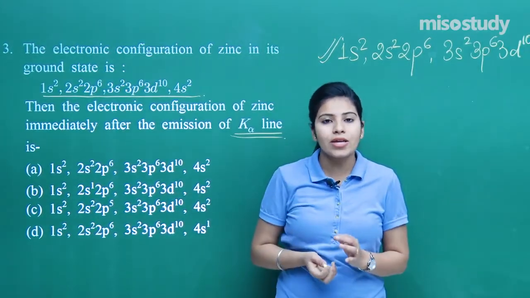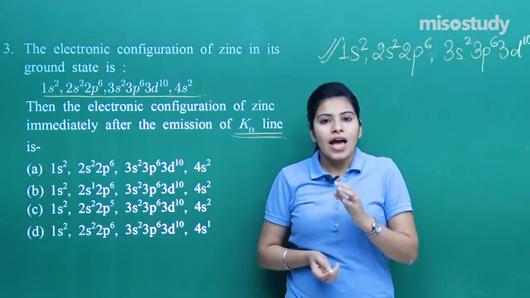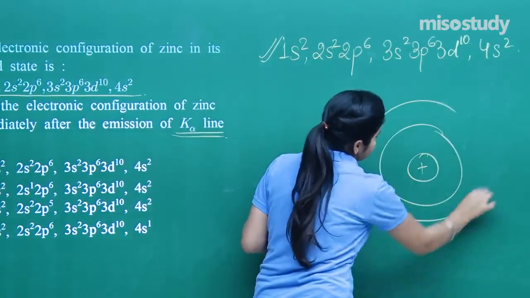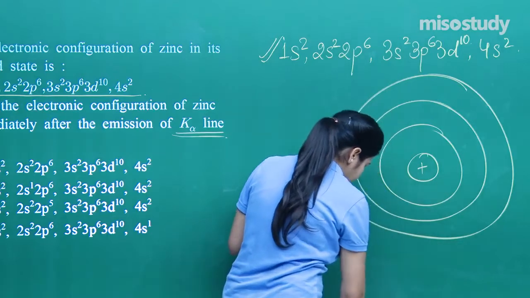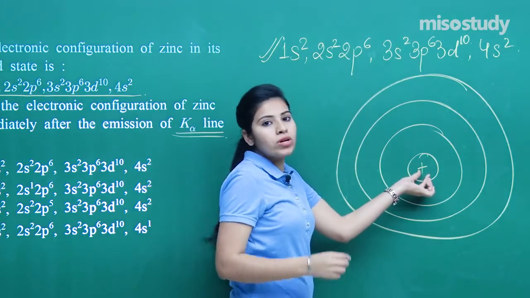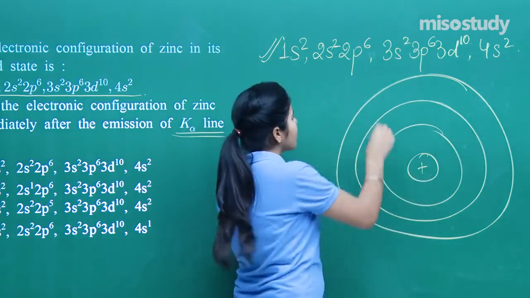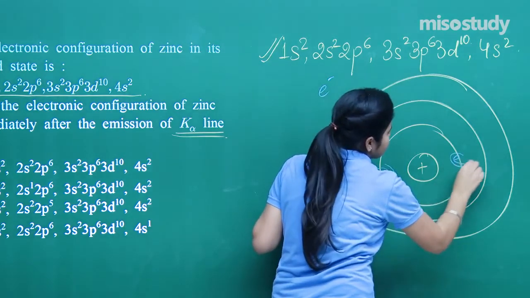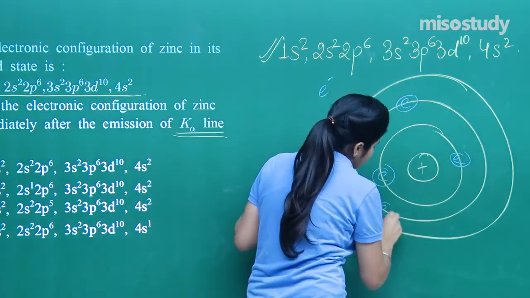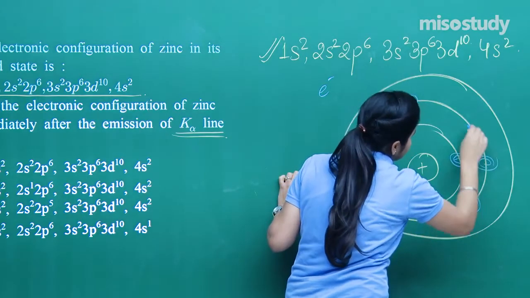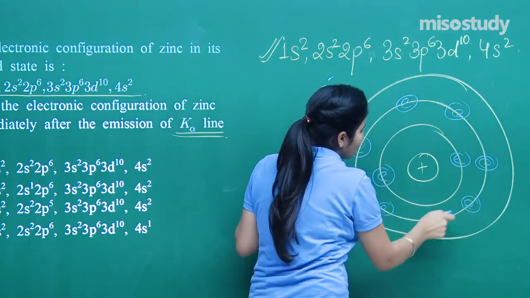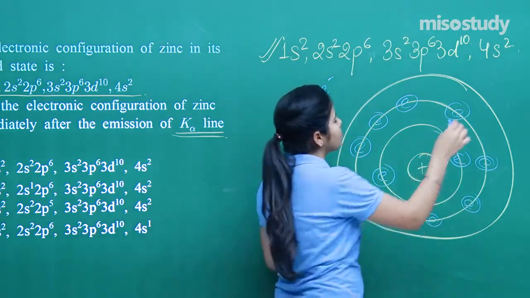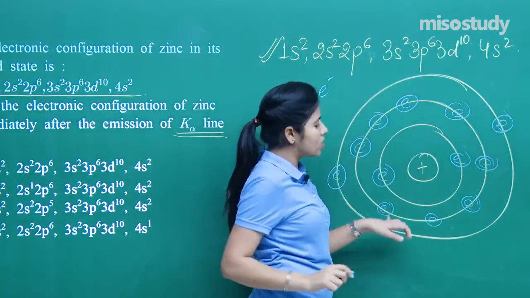Let me just tell you once again what do we mean by the K series. As you have seen in the case of X-ray, when you are having this nucleus with you, now in this case when an electron is going to hit the target, then what will happen? 2 in the inner shell, 8 in the outer shell, and let me just make 2 more electrons in the outer shell.